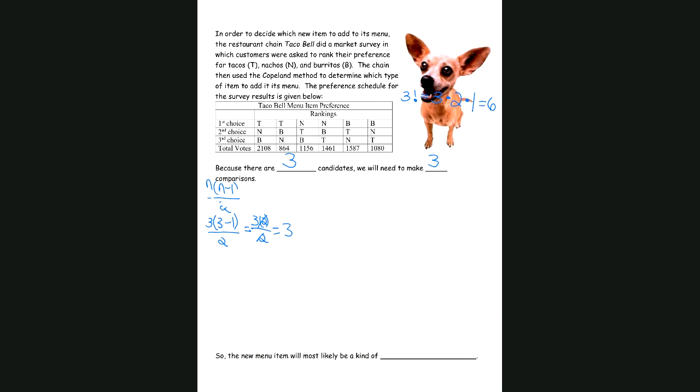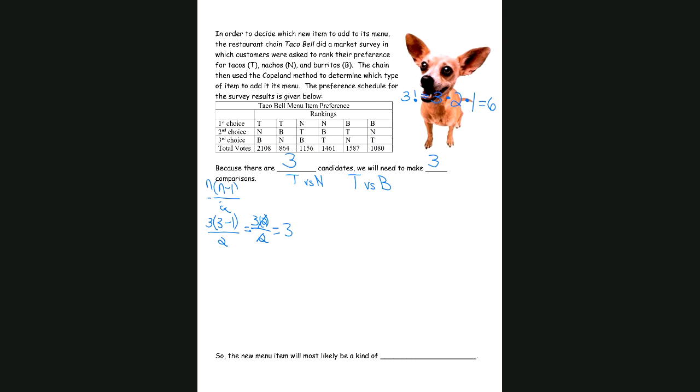So with the Copeland method, what we need to do is compare tacos versus nachos. We need to compare tacos versus burritos. So that's tacos compared to both of those. Now we need to compare nachos versus tacos, but guess what?